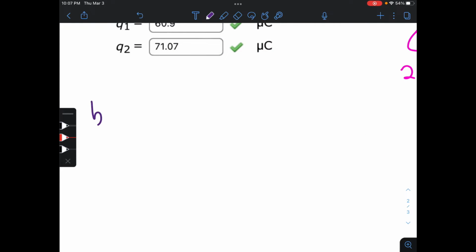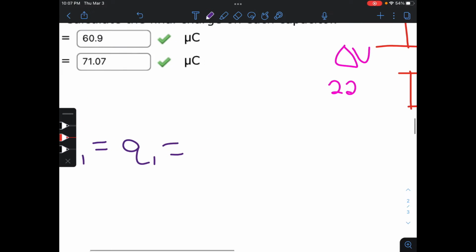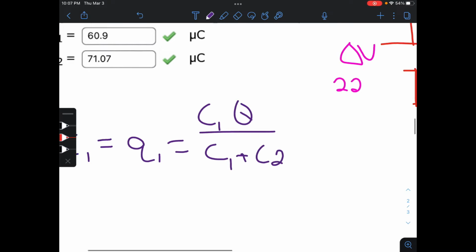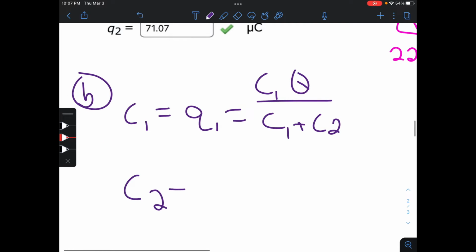So for C1, its charge is going to be equal to its capacitance, C1, times this charge that we just found, all over the total capacitance. And that would be the same thing for C2.